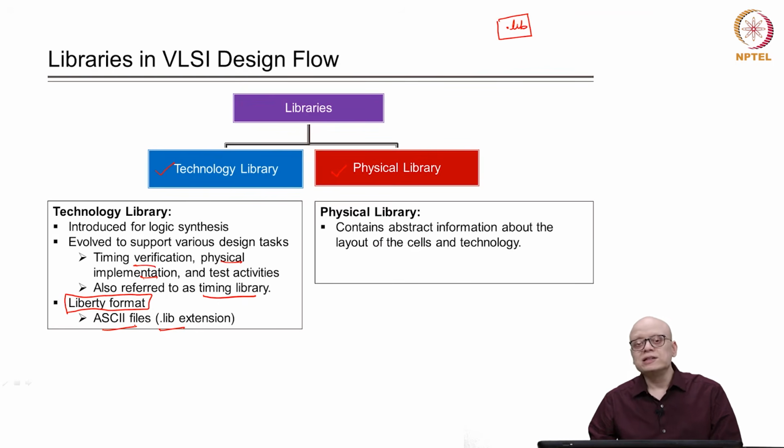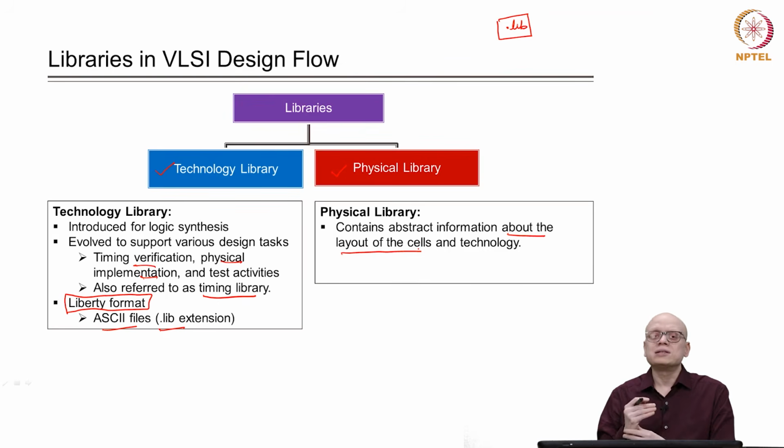Now, what about the physical libraries? The physical library contains abstract information about the layout of the cells and the technology, for example, the resistance per square and capacitance and so on. So, it contains information of the technology, such as how many layers are there in the technology, and also information in some abstract form about the layout of a cell, such as where the pins are and so on.